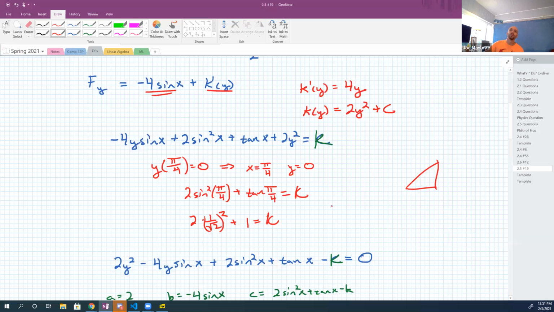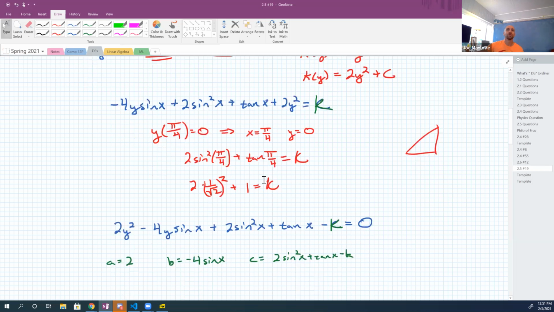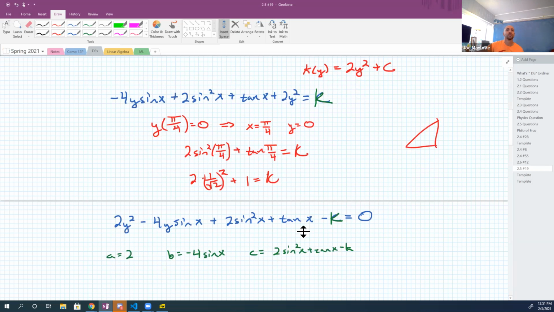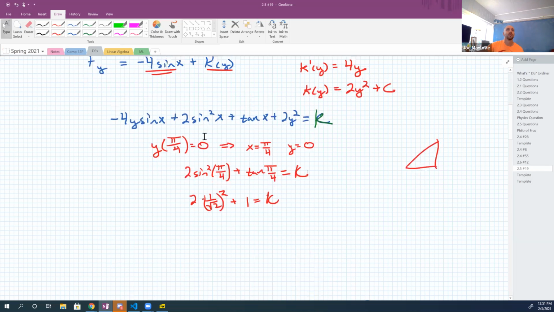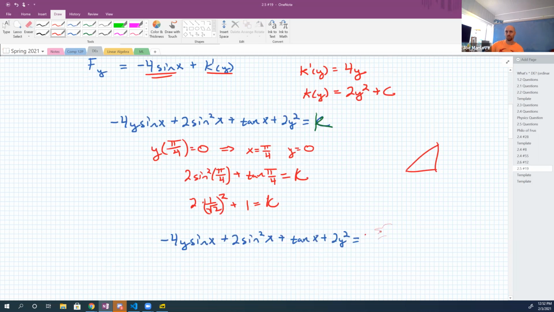So we should be able to make that substitution, and that would tell me that this whole thing here, I can dump this part and put 2.